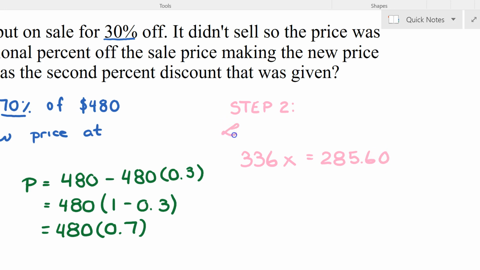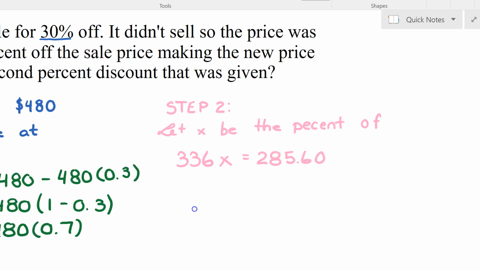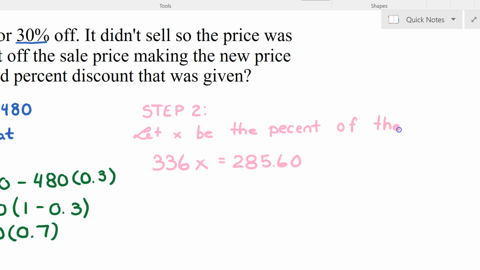Let X be the percent of the old price. So this is going to be 336 times X, so X is equal to 285.60 divided by 336.